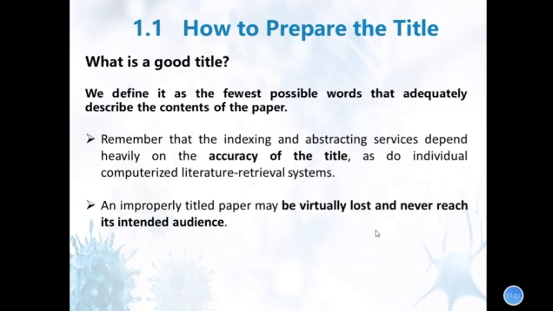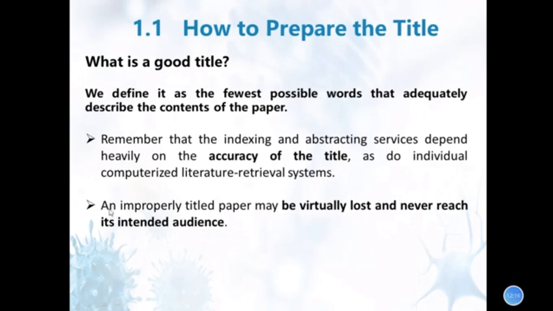So, what is a good title? We define it as the fewest possible words that can describe the contents of the paper. Two points, remember. Remember that the indexing and abstracting services depend heavily on the accuracy of the title, as do individual computerized literature retrieval systems.